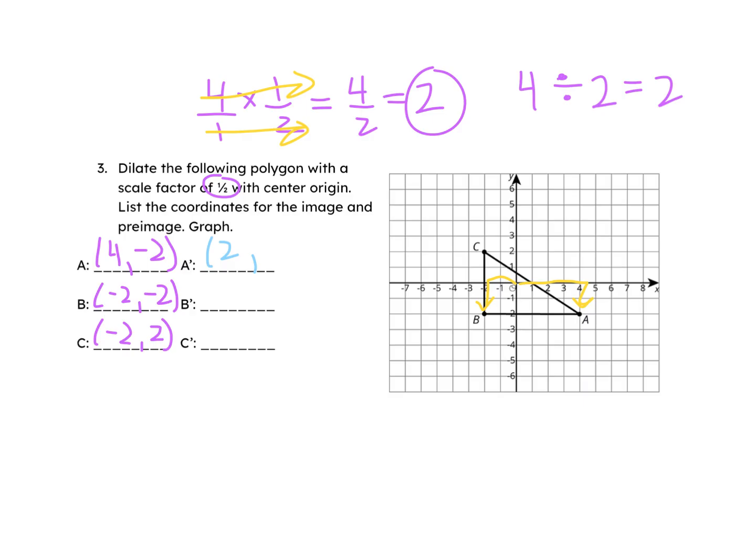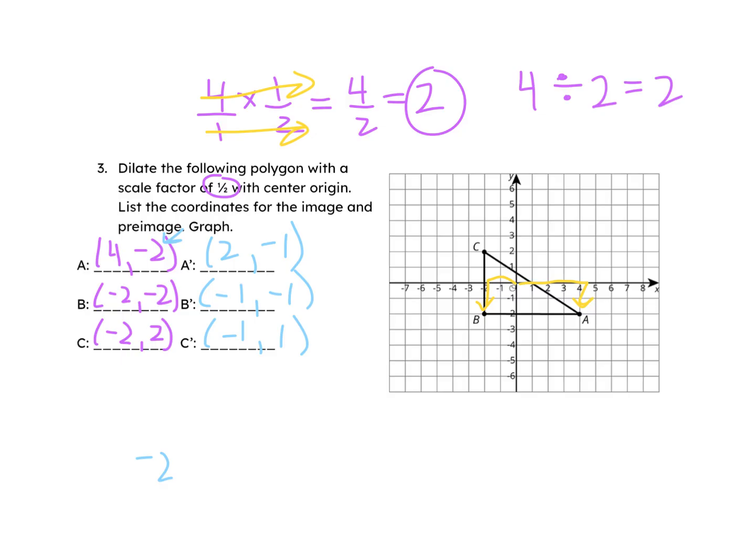The next spot up here is -2. -2 times 1/2 is -1, just half of that. And then here, the next ordered pair is a bunch of -2's. So half of -2 is -1, and -1, and then -1, and then +1. Okay, so I just took half of every single digit there. Now we graph it.